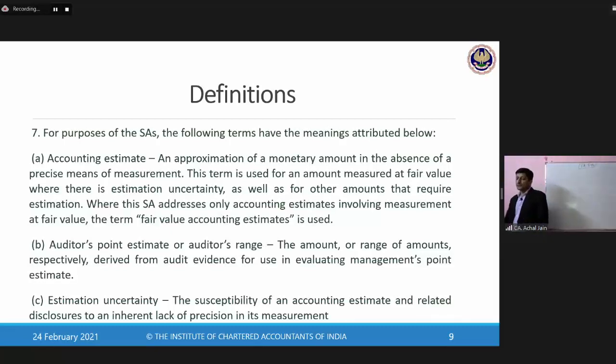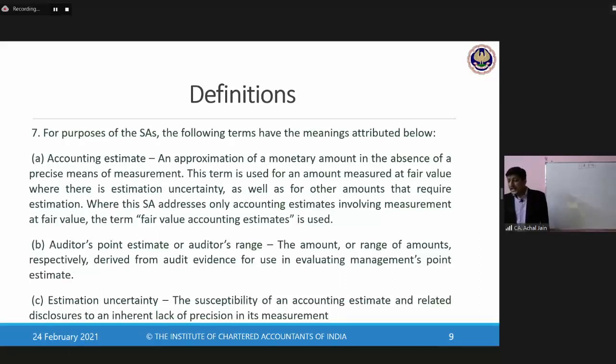Accounting estimate. What do we mean by accounting estimate? An approximation of a monetary amount in the absence of precise means of measurement. This term is used for an amount measured at fair value where there is estimation uncertainty, as well as for other amounts that require estimation.